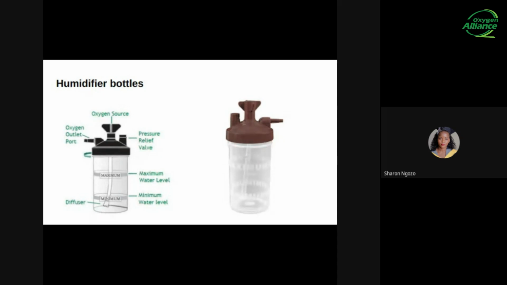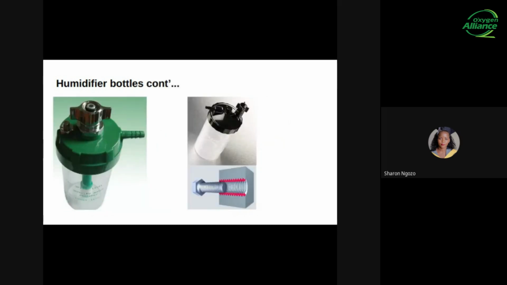The other thing is using bottles with threads that don't match that of the concentrator's patient output. So take note that we have some bottles that have the metal inlet nut, some that have the plastic inlet nut.